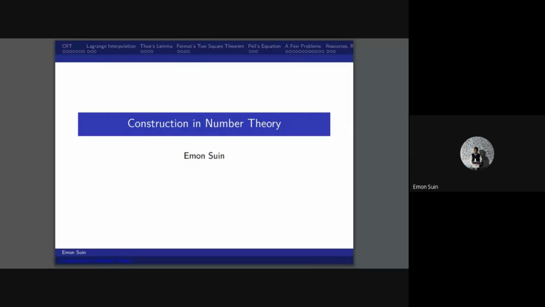Likewise, we also get questions saying prove that there exists an integer satisfying the above conditions. That means you have to prove the existence of at least a single integer. There might be more than that, but you have to give a construction for a single integer and show that it works. Now, what exactly do we mean by construction?